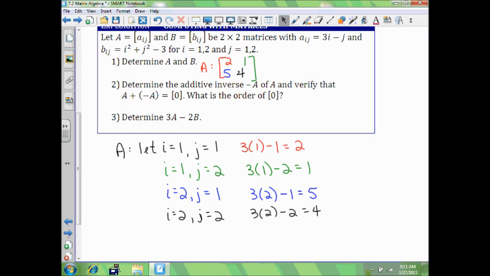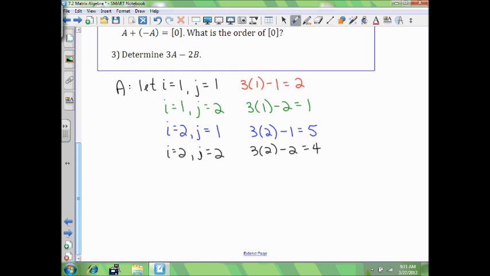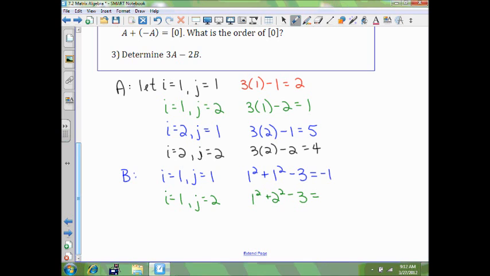Now for matrix B, we're going to use i squared plus j squared minus 3. So i will equal 1, j will equal 1. So i squared plus j squared minus 3: 1 plus 1 is 2, minus 3 is negative 1. So first row, second column, 1 squared plus 2 squared minus 3. 1 squared is 1, 2 squared is 4, so that gives us 5.